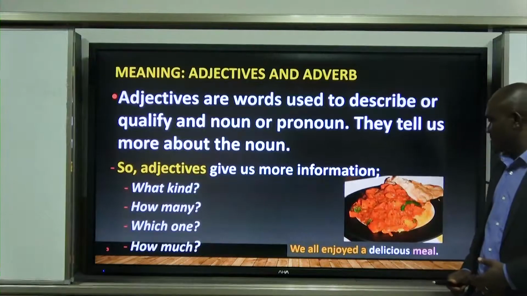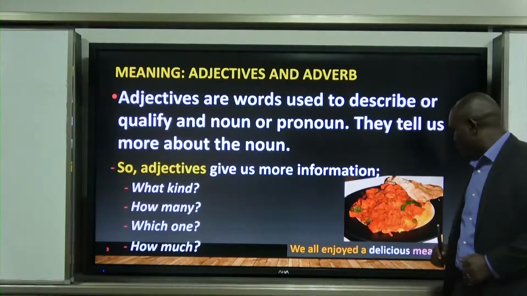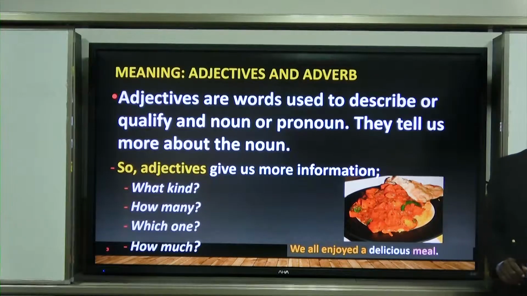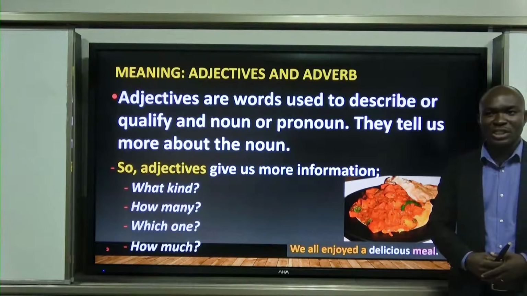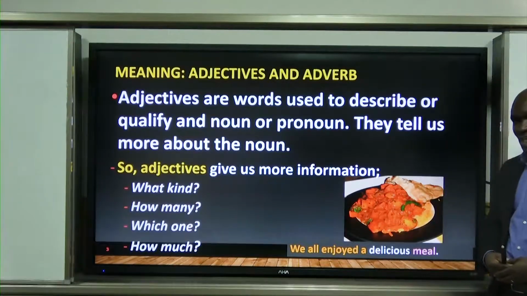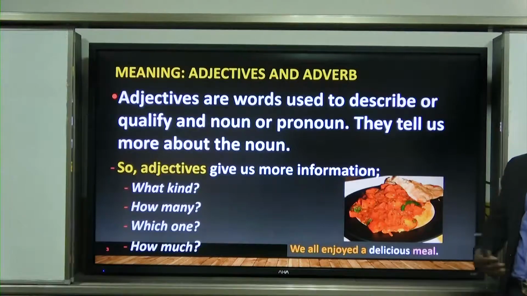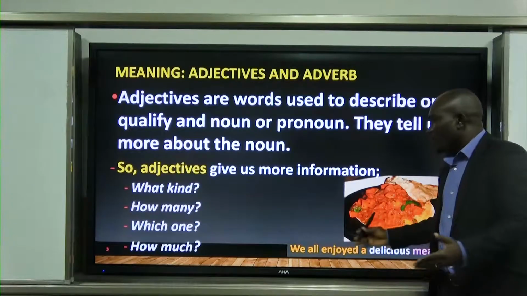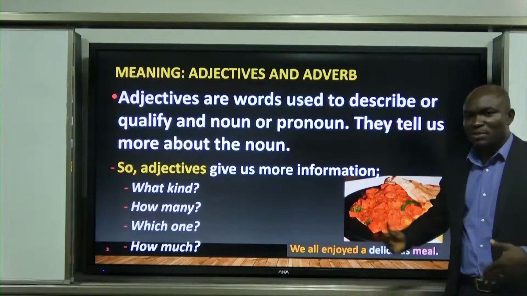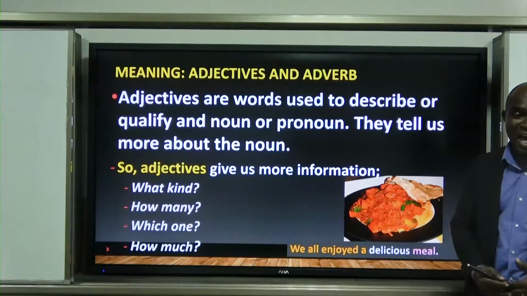Let's look at this. We all enjoyed a delicious meal. What kind of meal? Delicious, of course. So the word delicious describes the noun, which is the meal we had.